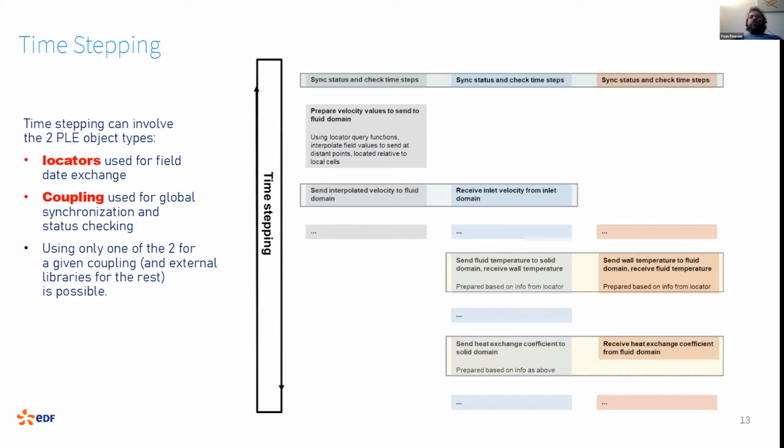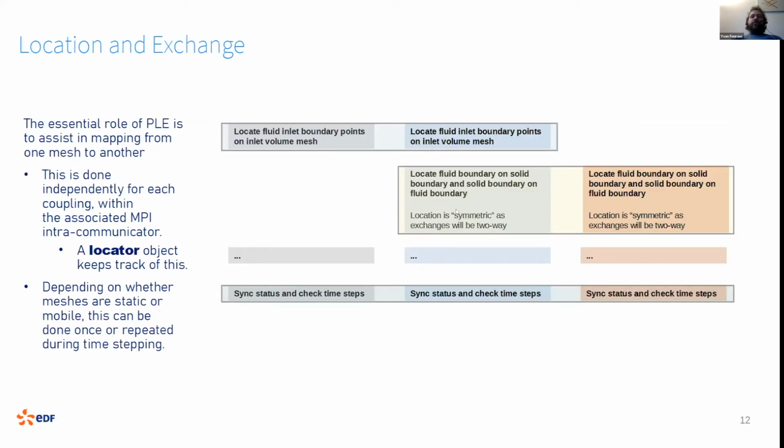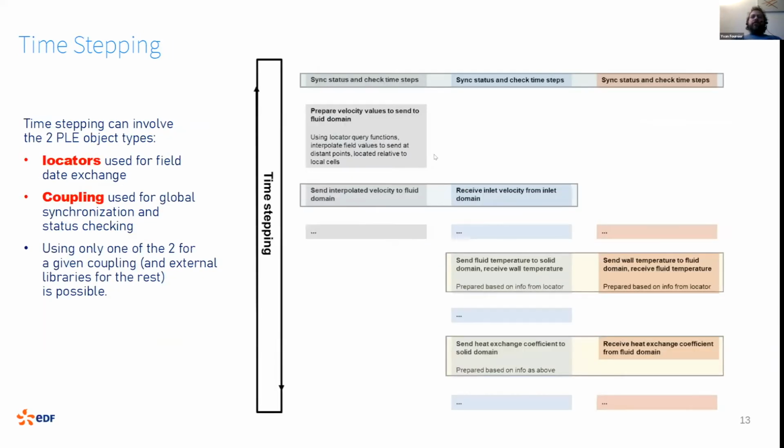Once we've done the mapping, the location here is clearly the most expensive part. We'll see that in the following sections. And then during time stepping, we can just send the data along using the mapping. And so, as I was saying, PLE doesn't handle interpolation itself. It provides location info, and the code defines its interpolation.